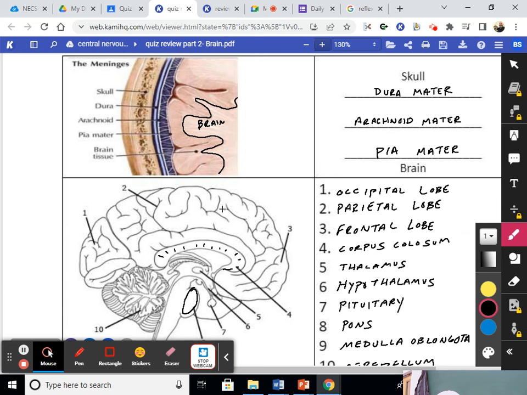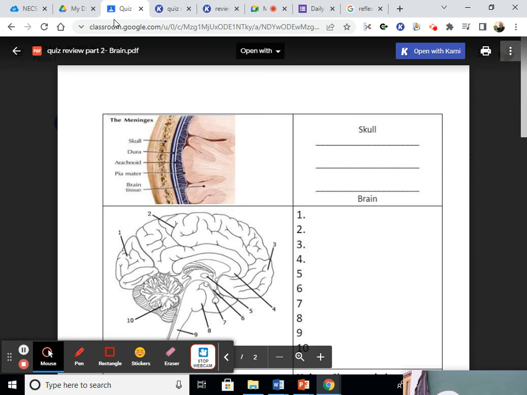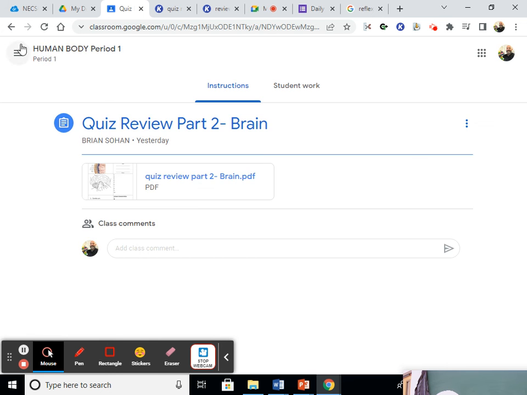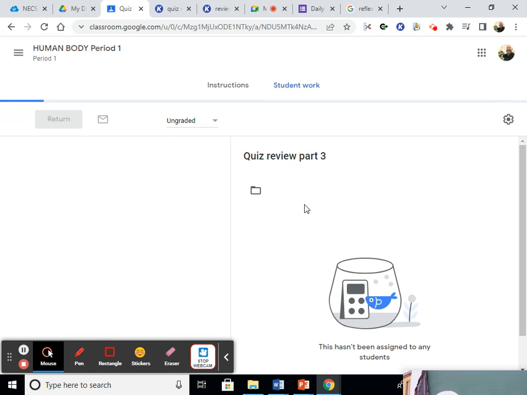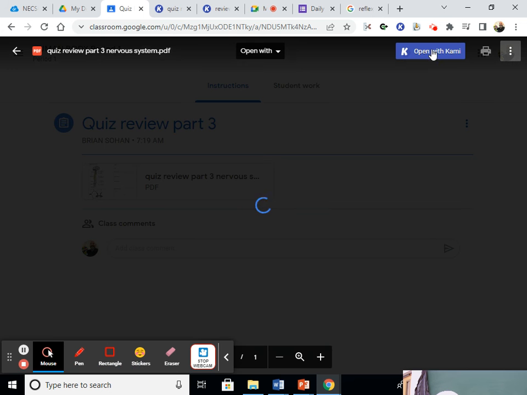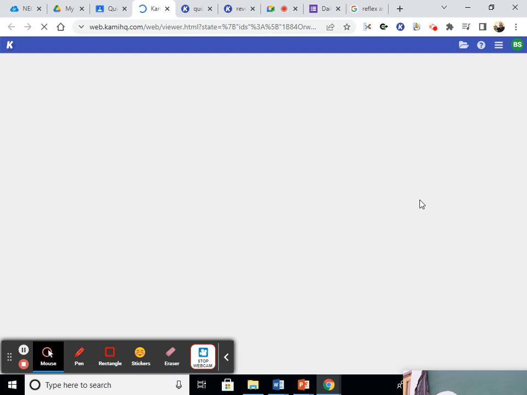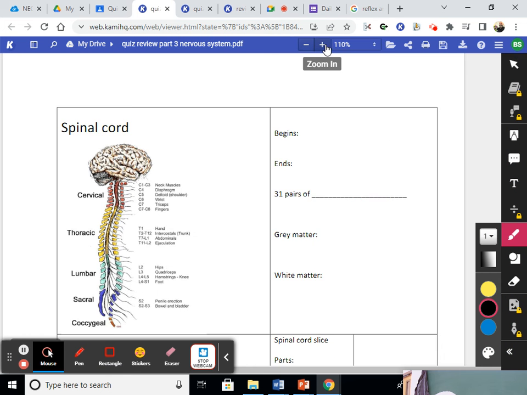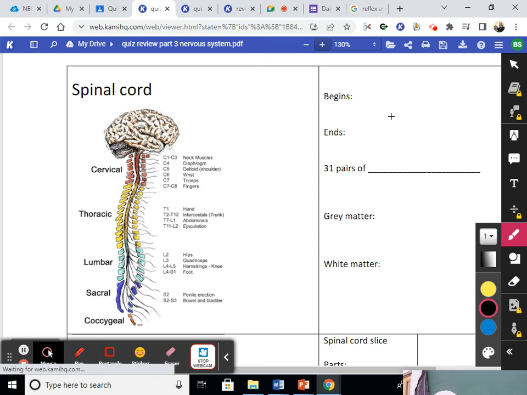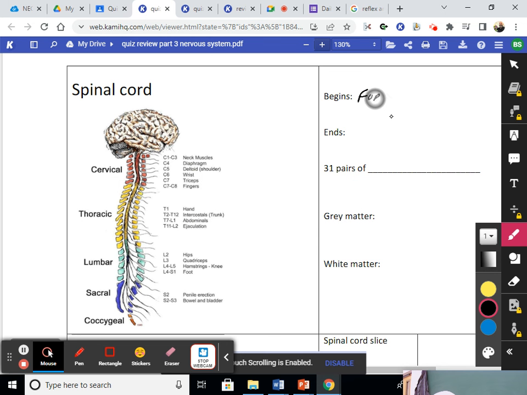2 pages. Let's see what we need to know about this spinal cord. All right, well, it begins at the foramen magnum. That's the big hole at the bottom of your skull.